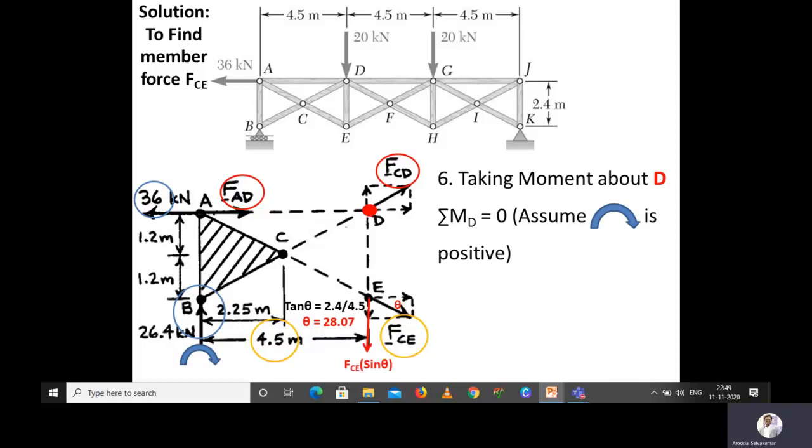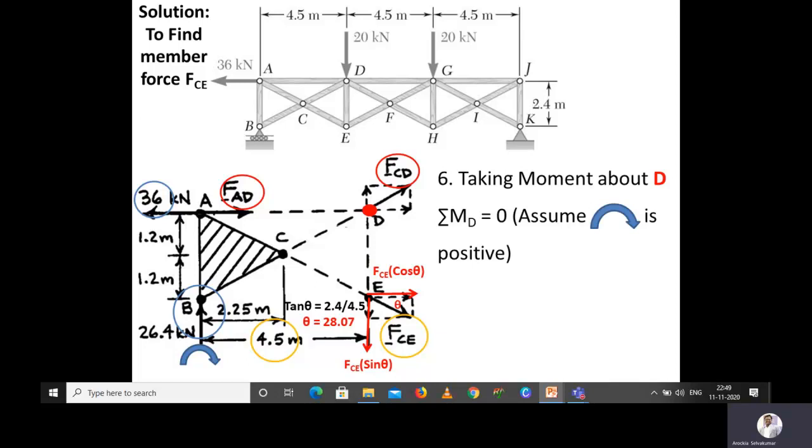With respect to point E, we will have FCE sin theta, that is the vertical component, and then we will have FCE cos theta. If you see FCE sin theta, it is also acting along the same line with respect to D. It is not having any perpendicular distance with respect to the force FCE sin theta. So the moment due to FCE sin theta will be equal to 0.